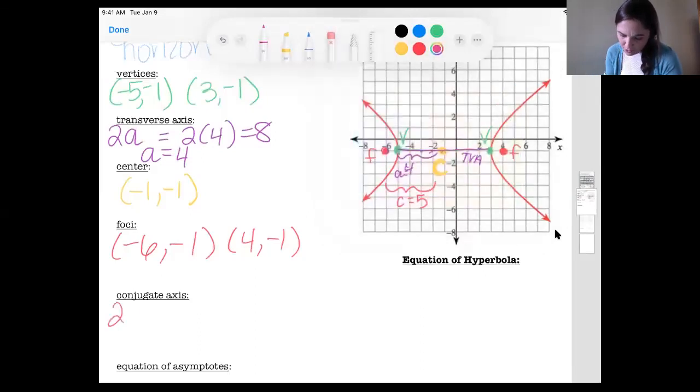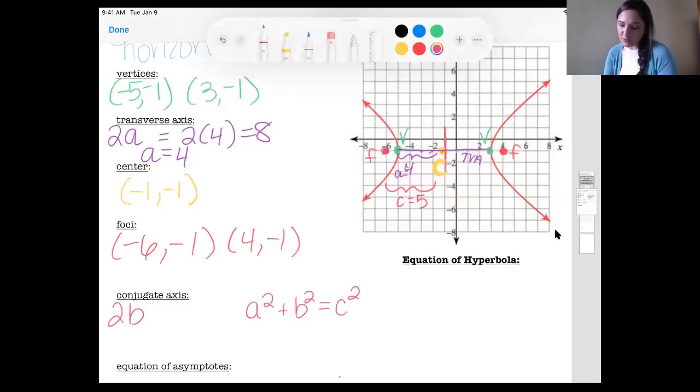So I know 2b is the length of the conjugate axis. I also know that it's perpendicular to the transverse axis. So I know it's going to be coming through the center. I know it's going to be coming up here, but I'm not exactly sure how long it is. So I need to figure out b. So that's where we're going to use our a squared plus b squared equals c squared.